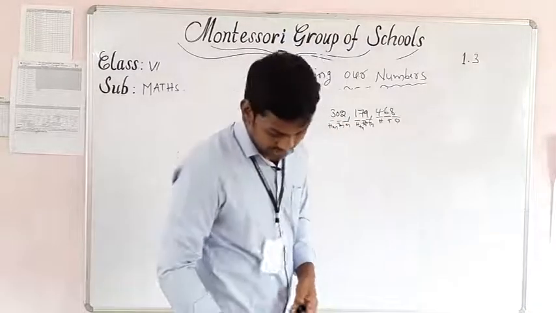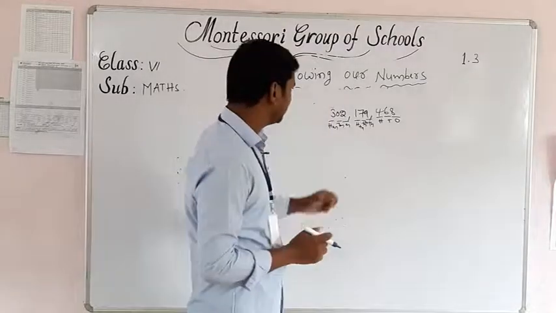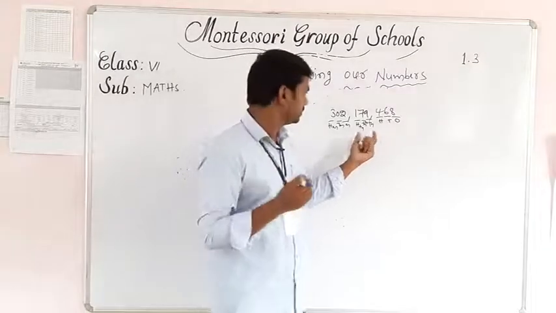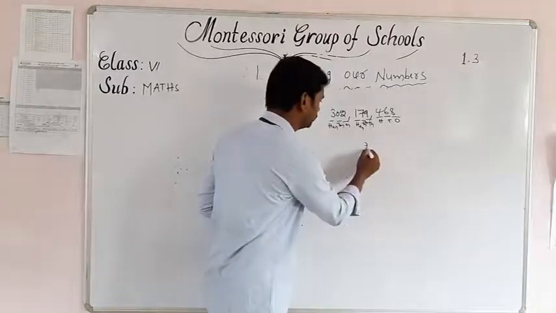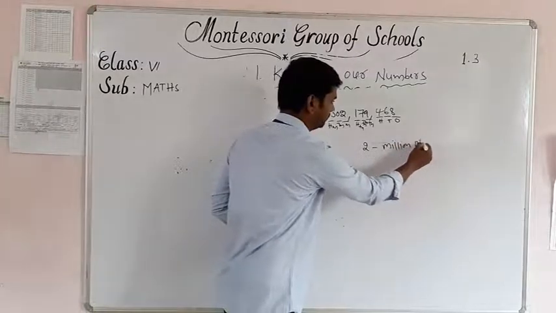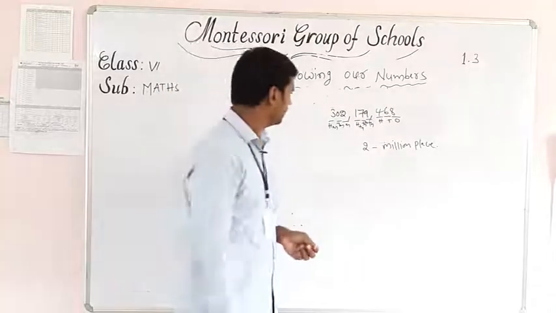The question is, the digit at the millions place in this number. Which digit is in the millions place? 2 is the millions place.